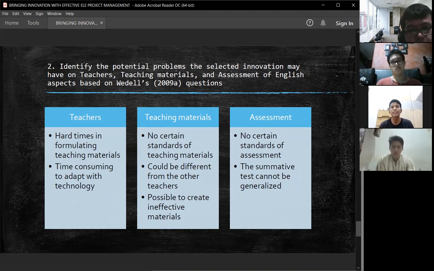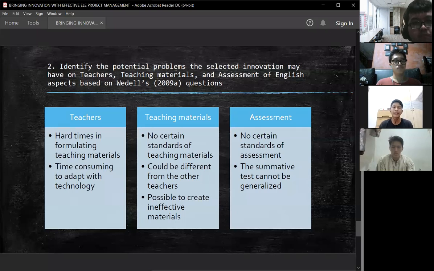In this latest curriculum, there are no certain KI and KD or indicators in each level of school. But the curriculum chunks the English material into phase A until phase F, and it all breaks down into 12 grades of school from elementary to high school.